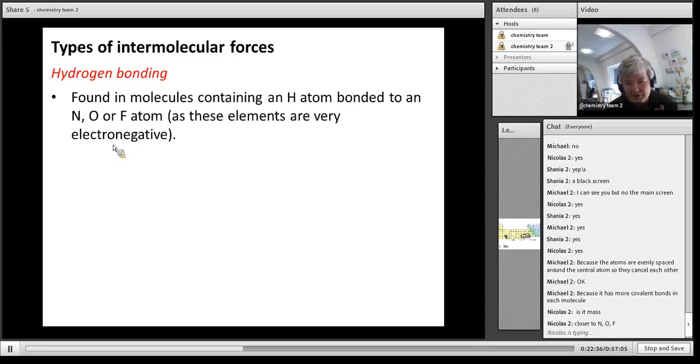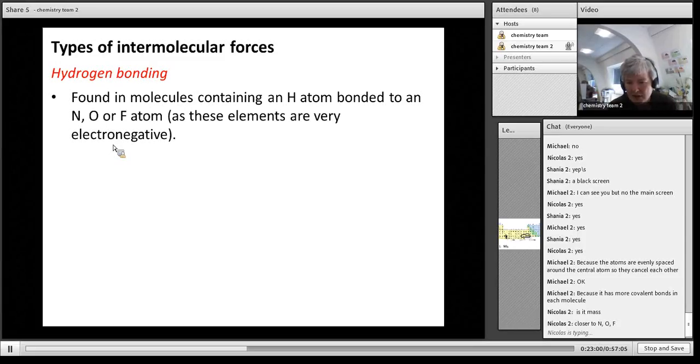It's closer to the N, O, and F. And what is hydrogen? Hydrogen is one proton and one electron. That's all it's made of. So if you take that electron away, closer to the other atom that it's bonded to, all that's left of the hydrogen is a proton.